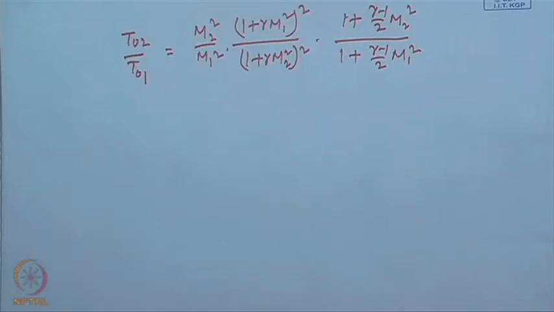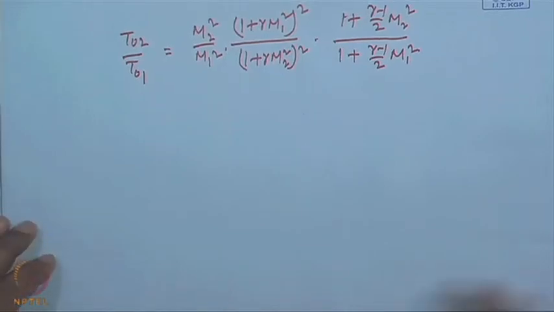Similarly, other relations for P2 by P1, rho 2 by rho 1 and U2 by U1 can be obtained in terms of Mach number.